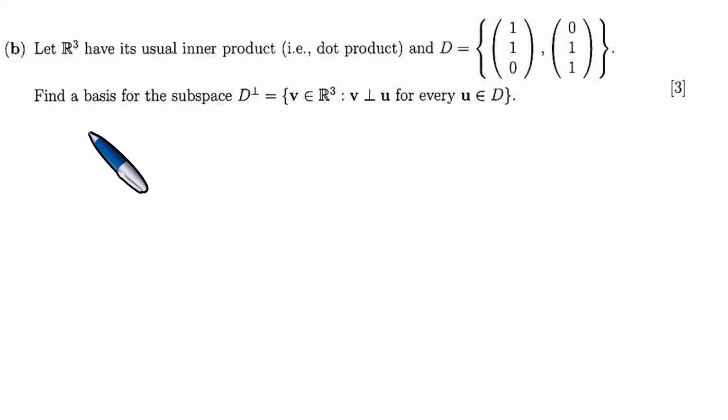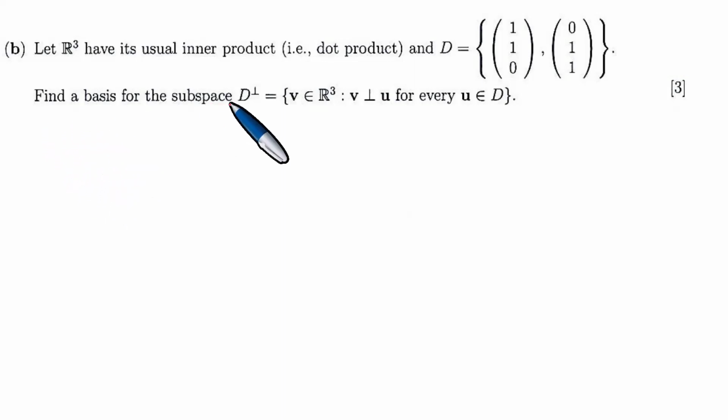So to find a basis for the subspace D-perp, we proceed as follows. A couple of things remain very important at this point. So what we do is we consider vectors, and say we have the following vectors.